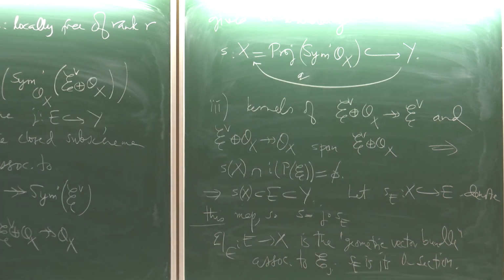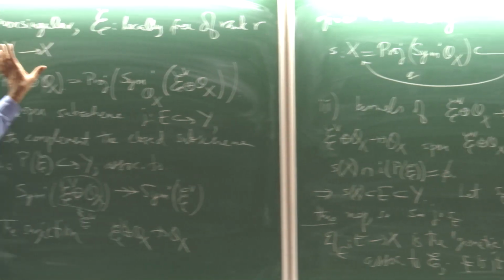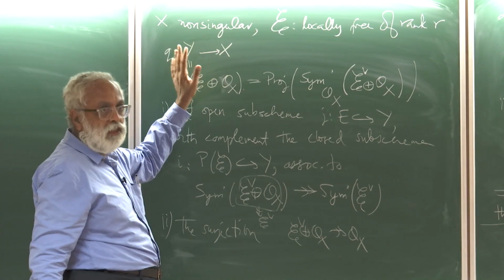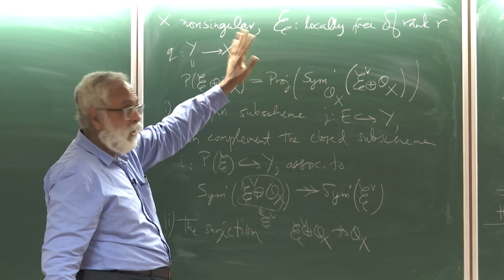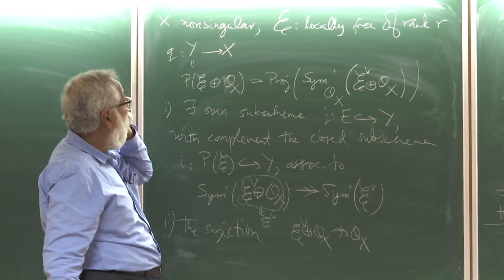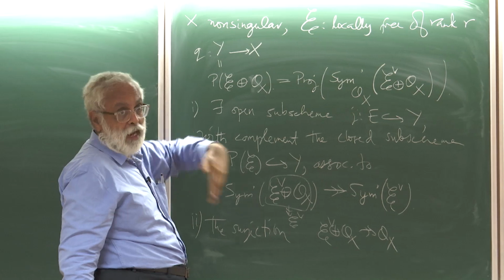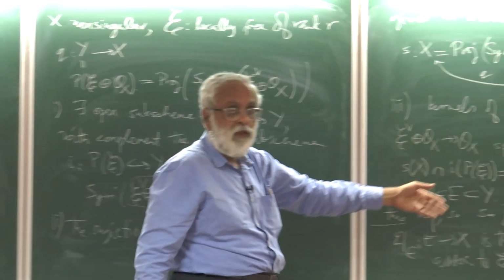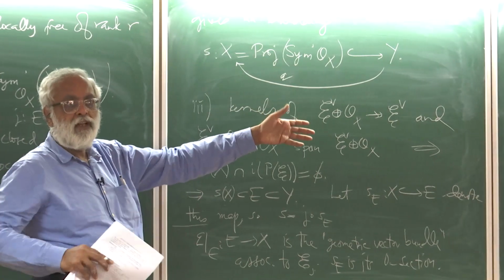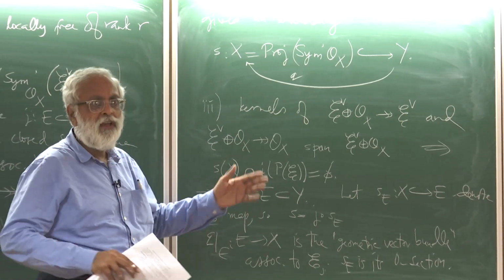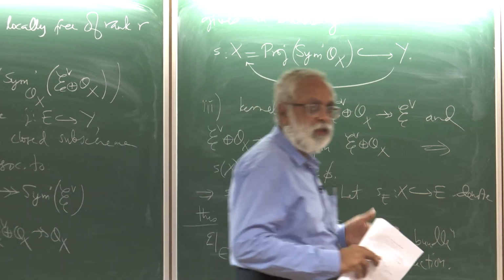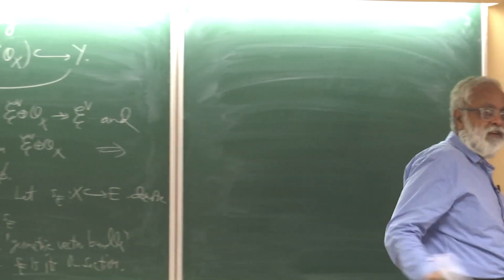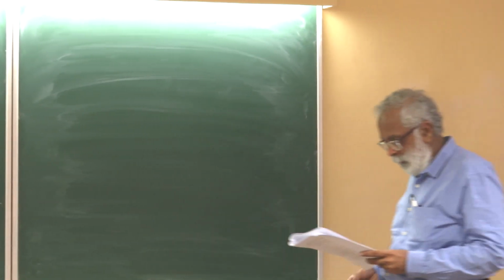So now that I've got two embeddings, if you like, I have an embedding of X inside the open E. Open E is a vector bundle over X, and this is the zero section. Or Y is a projective bundle which happens to have a section in particular, and that section is S. It's the same subscheme, but I'm thinking of it as sitting inside two different ambient things for calculation purposes. I'll need to fiddle with the various embeddings to do things.